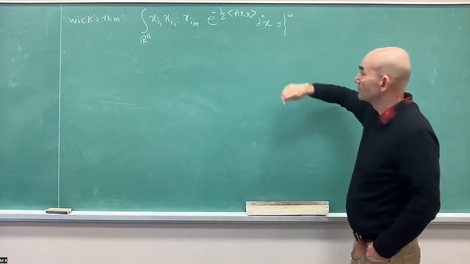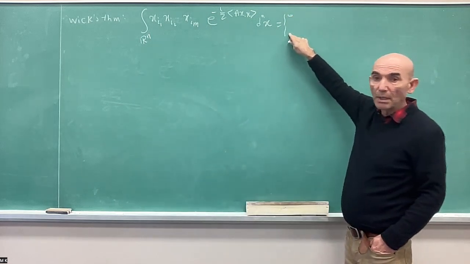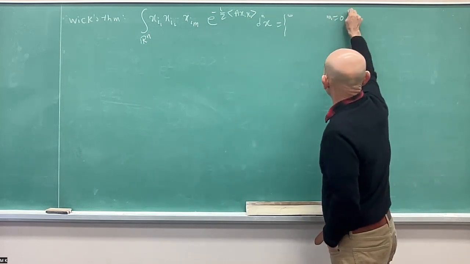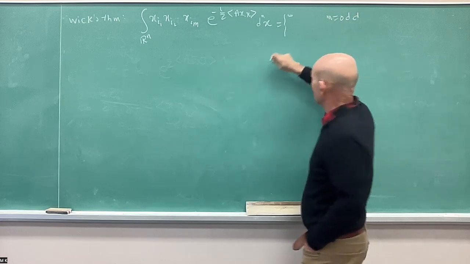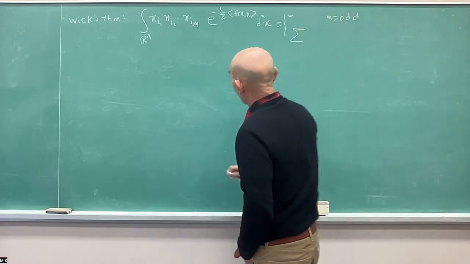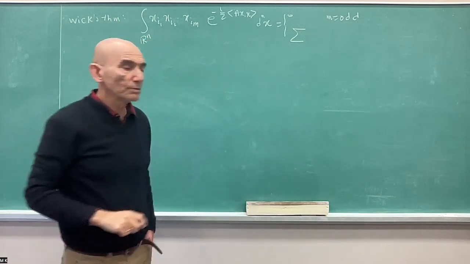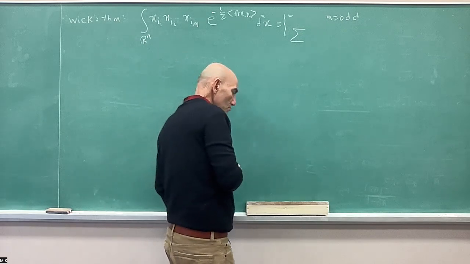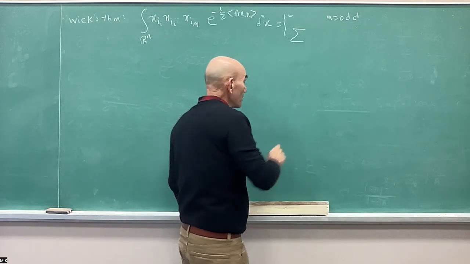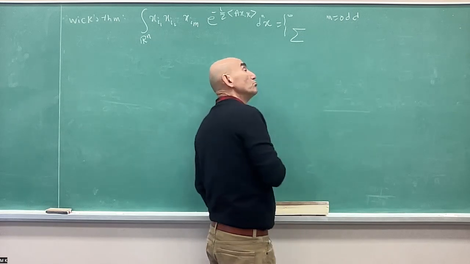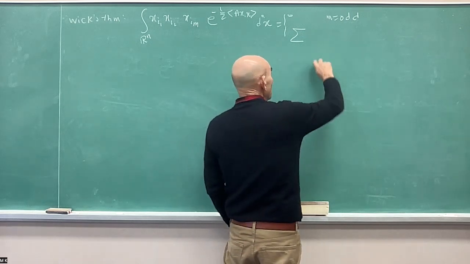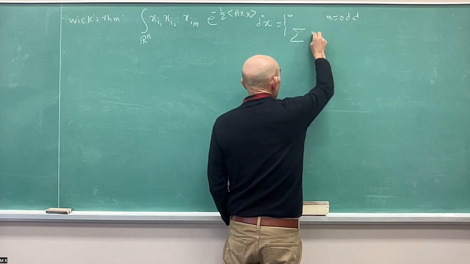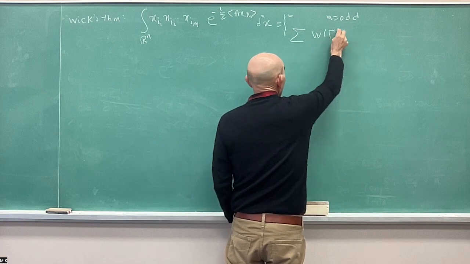if m is odd, and is a summation of the following terms. Let me write it this way: the sum over gamma of W of gamma.